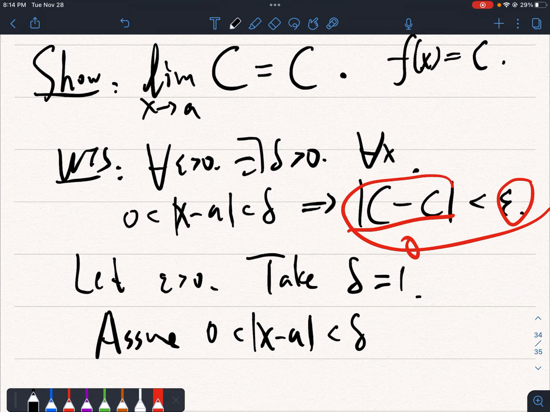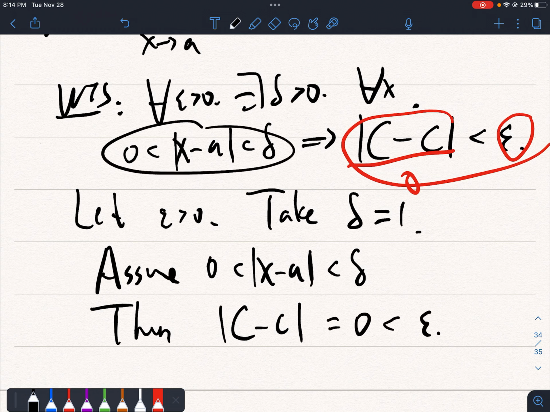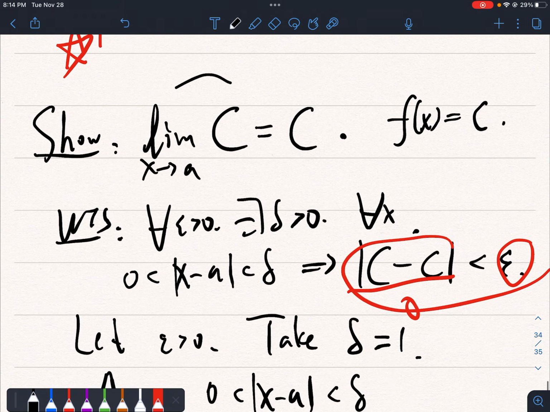Because we always assume that x is a real number, okay? Then you want to show this is true, but then clearly this is equal to 0, which is less than epsilon. So which means we didn't use this condition at all. I mean, this is the simplest condition, so it makes sense. So we have proved that the limit of a constant function c is equal to c itself.